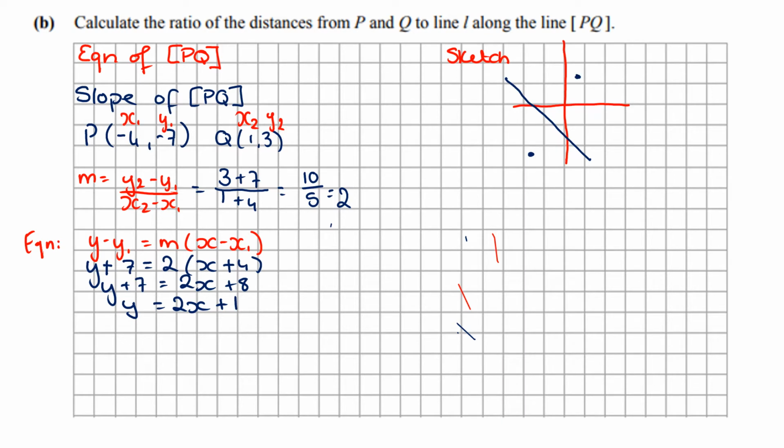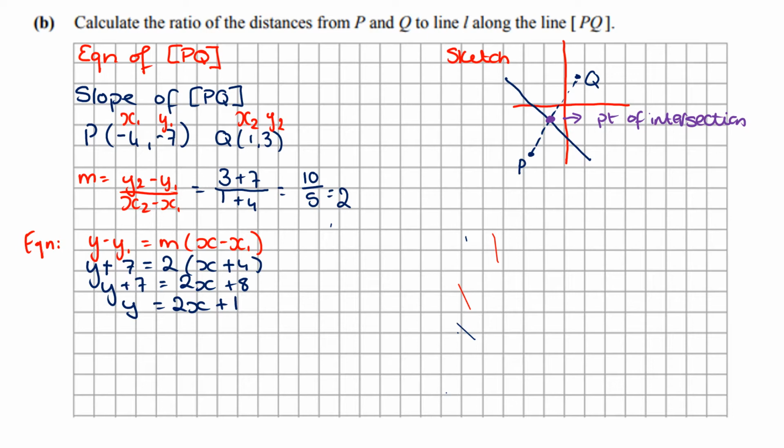So what we're trying to do is figure out, if we have this line here, so this is P and this is Q, what is the distance from Q to this point here and from P to this point here? And that purple point here is the point of intersection. So really, the only reason we wanted to find the equation is to help us get the point of intersection.